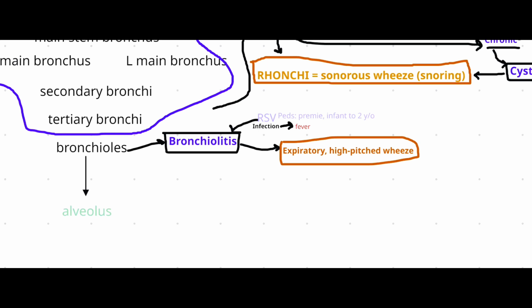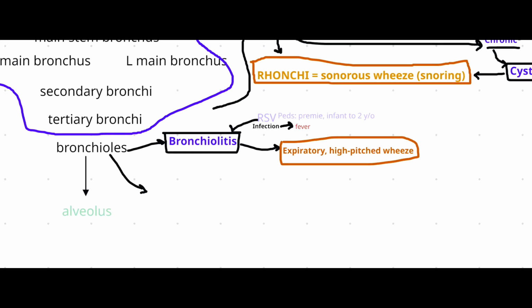So now, let's talk about another condition that is not infectious, but is inflammatory. So there's an inflammation in the bronchioles that is not caused by an infection.